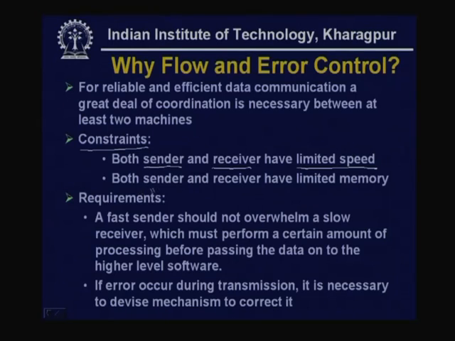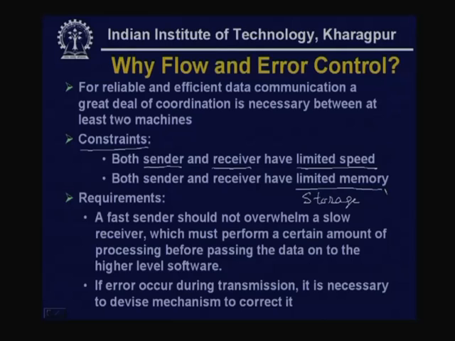Similarly, both sender and receiver have limited memory or storage capability, usually known as a buffer, because whenever data communication takes place, the data that is being received is temporarily stored in memory, called a buffer. So, that capacity is limited.